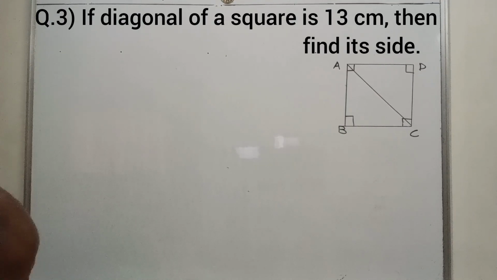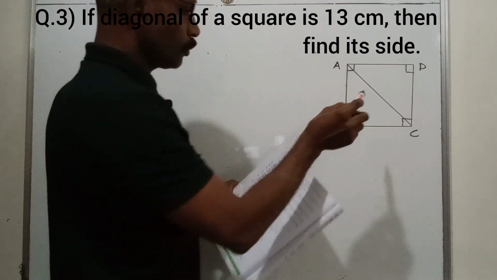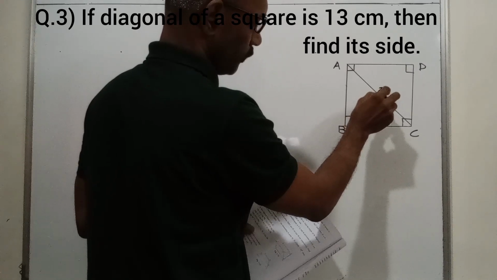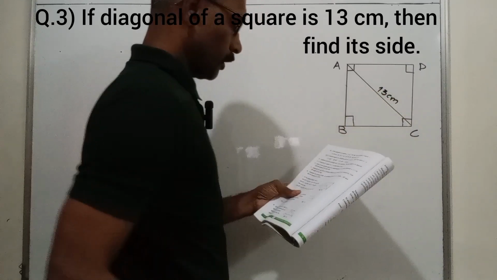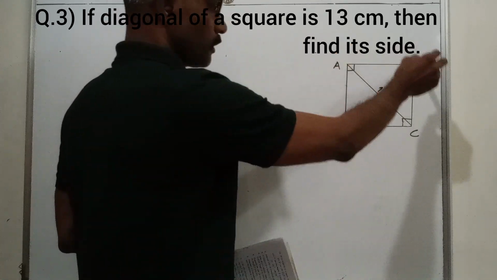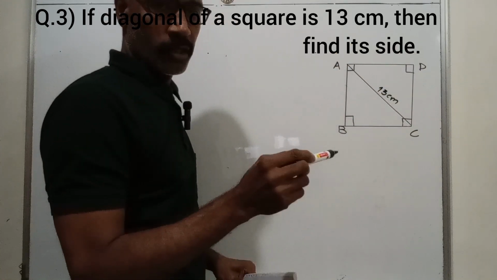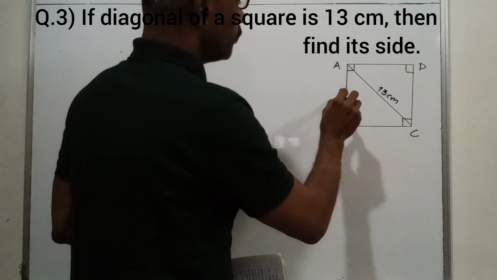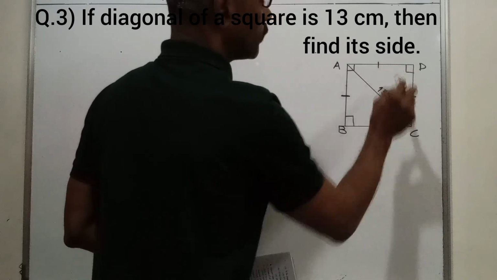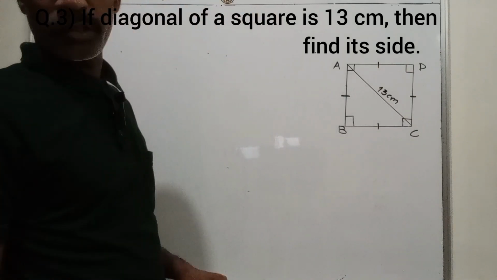If the diagonal of a square is 13 centimeter, then find its side. Okay. Now diagonal AC is given, 13 centimeter. Then find its sides. Now this is a square. Quadrilateral ABCD is a square. Therefore, all its sides are congruent.